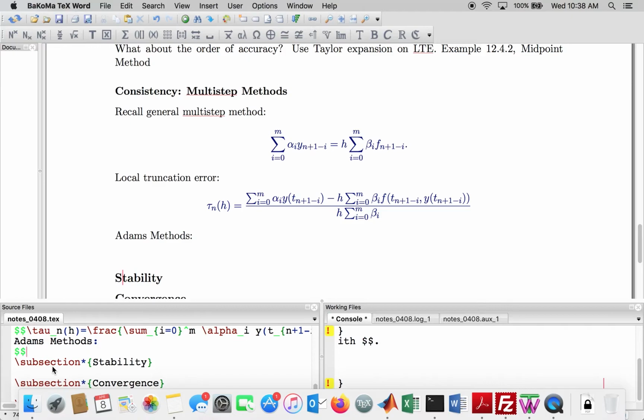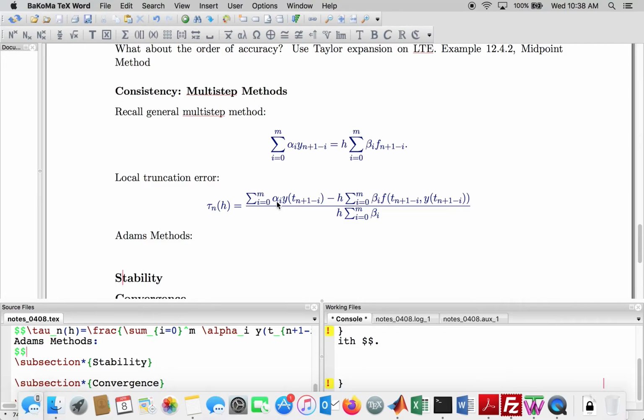All right, so for Adams methods, they're characterized by alpha 0 equal to 1, alpha 1 equal to minus 1, and all other alphas equal to 0.